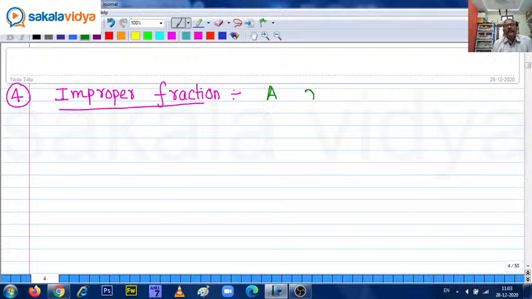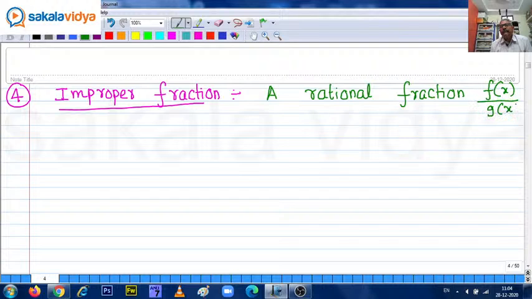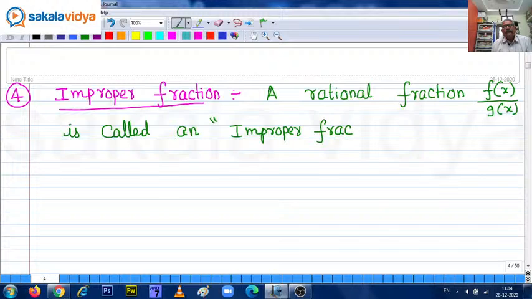A rational fraction f of x by g of x is called an improper fraction.